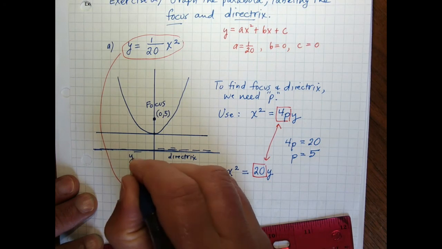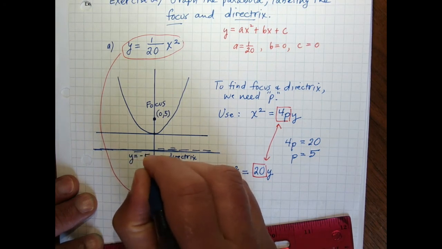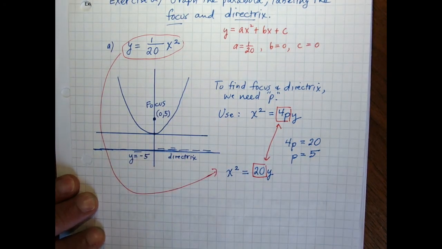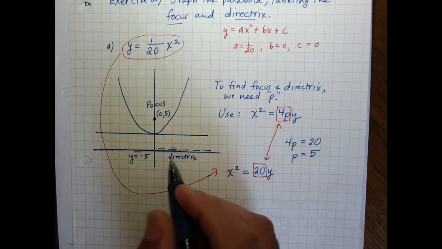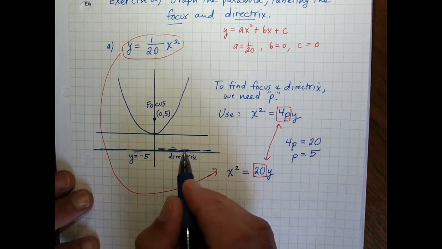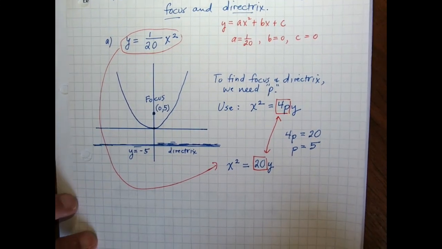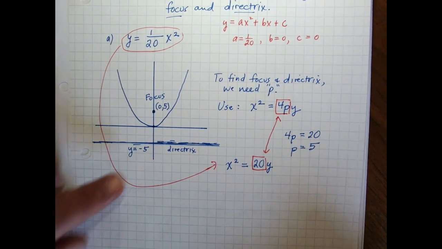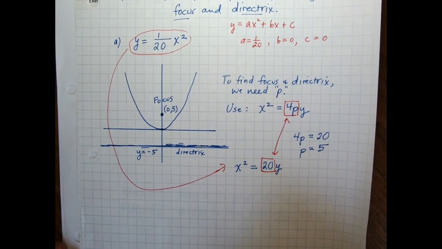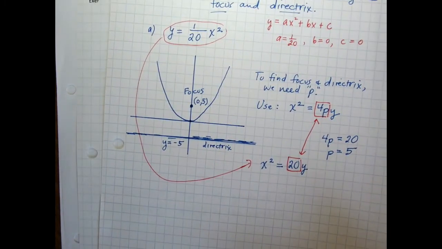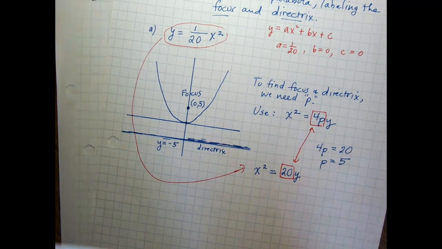And that's going to be y equals -5. y equals minus the p-value. So that's all we want to do. Sorry for the sloppiness here. Just a rough sketch of the parabola with the focus and the directrix labeled. That's part A. Let's go ahead to part B.